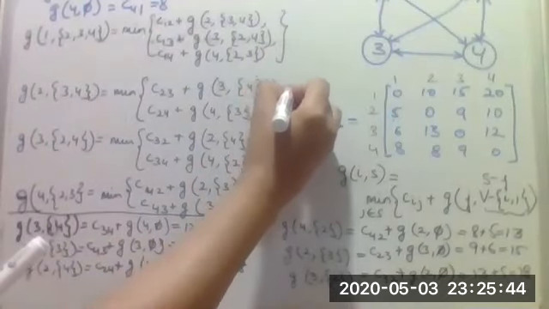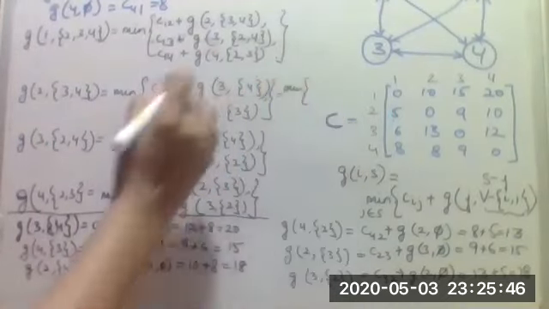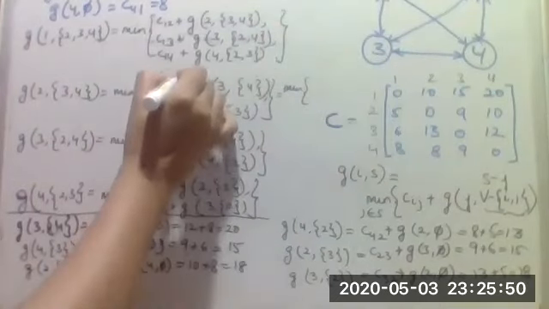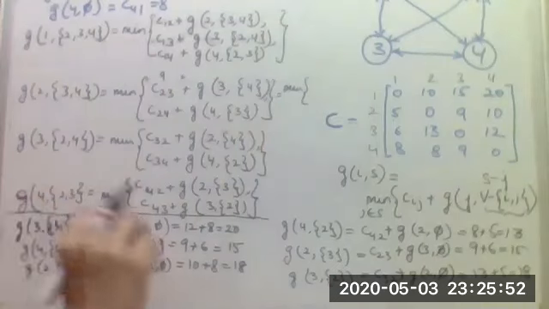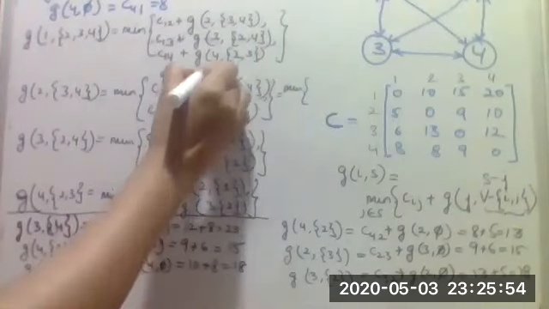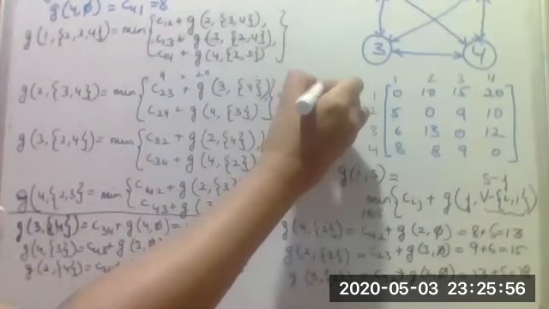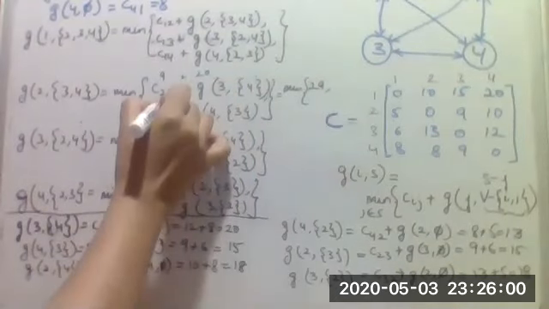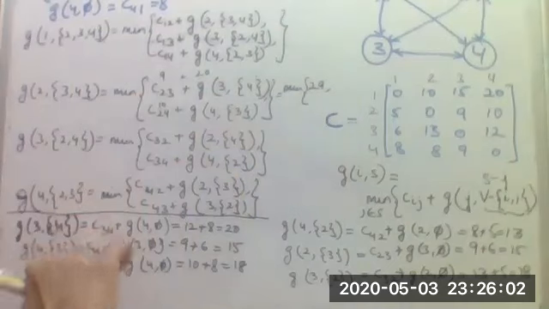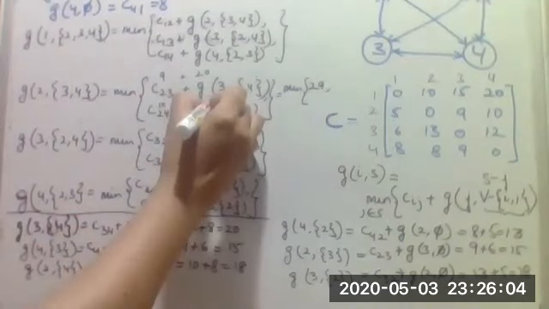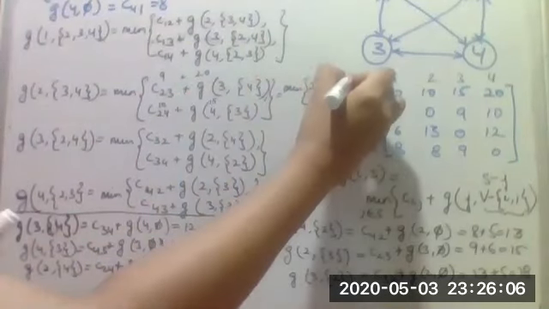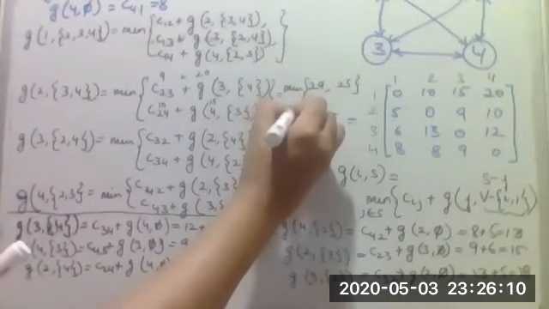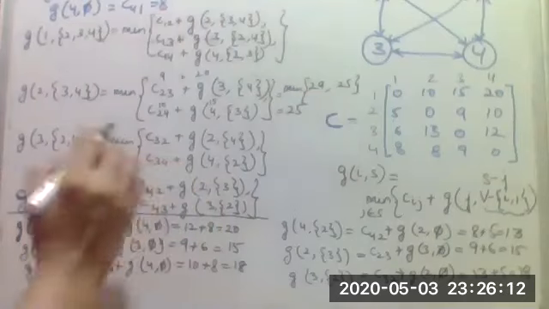This will be equal to the minimum of C23 is 9 plus G34, this value is 20. So we get here 29, and C24 is 10 and G43 is 15. So we get here 25. So the minimum of 29 and 25 is 25 here.